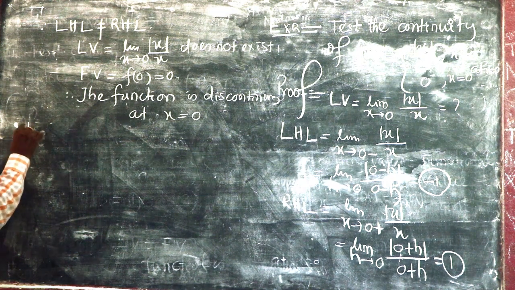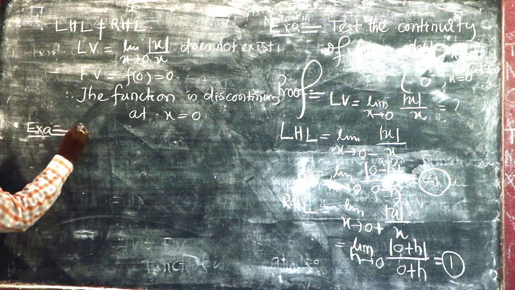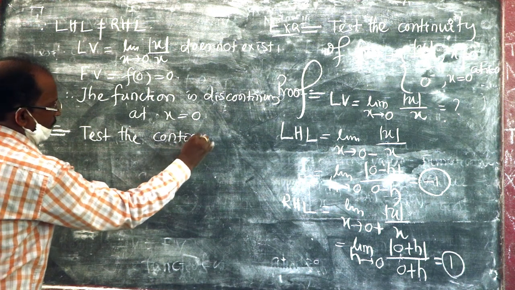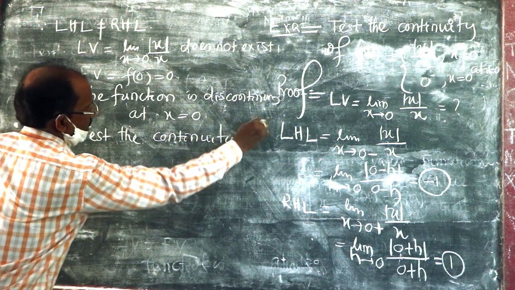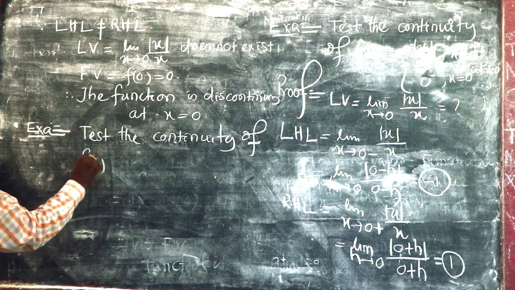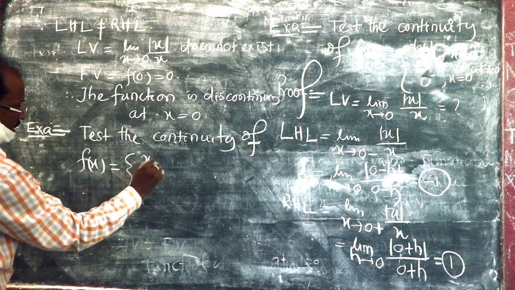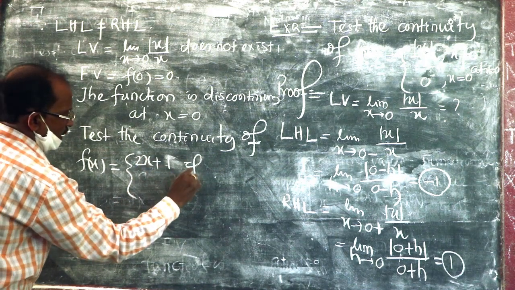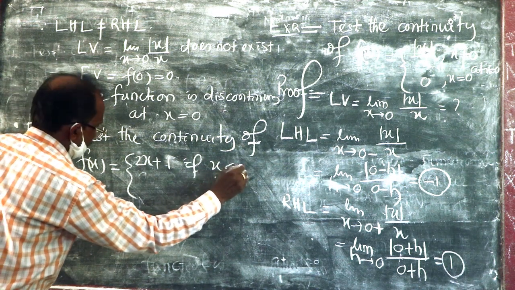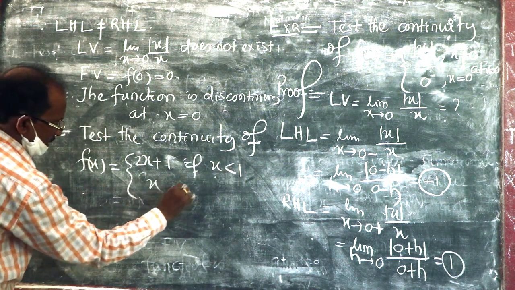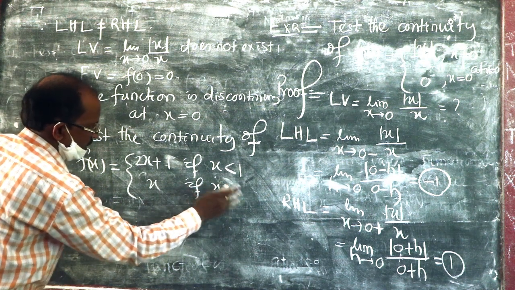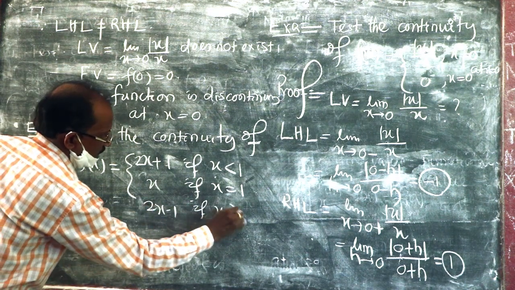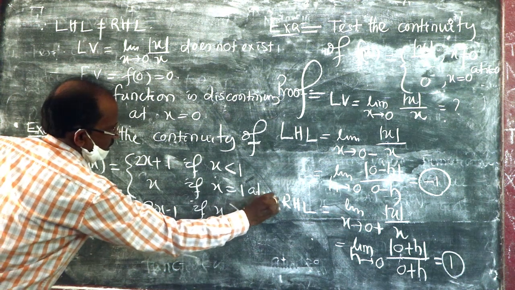Then we shall take another example. Test the continuity of a function f(x) is equal to 2x plus 1 if x is less than 1, x if x is equal to 1, and 2x minus 1 if x is greater than 1, at x is equal to 1.